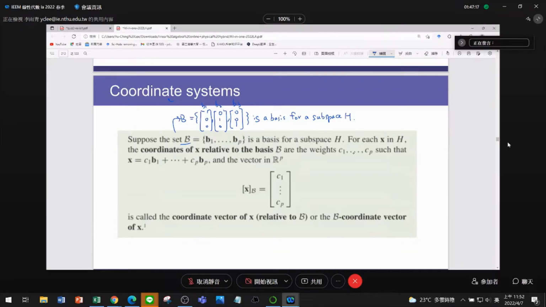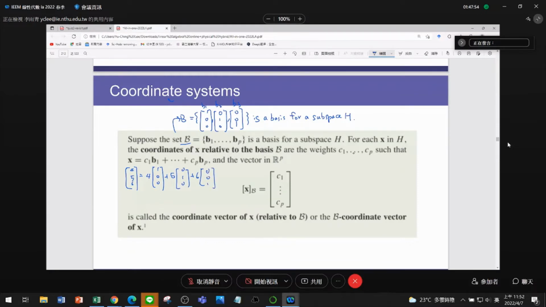And for each x in the subspace H, the coordinates of x relative to the basis are the weights C1 to CP such that x equals the combination. Suppose I have some x being 4, 5, 6. I randomly pick such an x, then I can express it as 4 times 1, 0, 0 plus 5 times 0, 1, 0 plus 6 times 0, 0, 1.